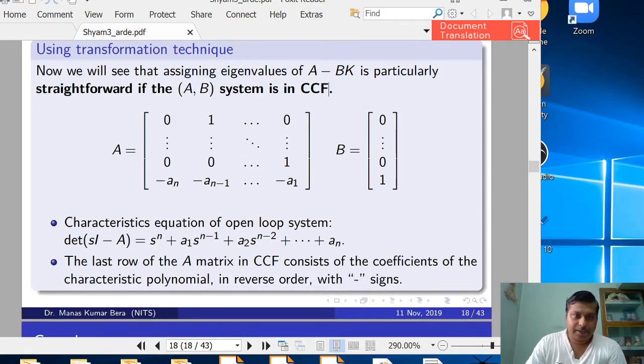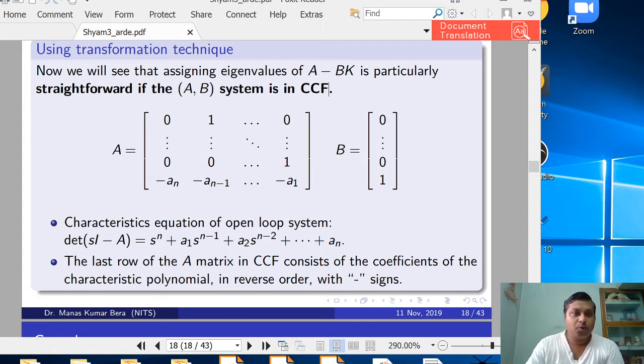Once the A matrix is given to us, we can directly calculate the characteristic equation. You see, the characteristic equation is s to the power n plus a1 s to the power n minus 1, a2 s to the power n minus 2, plus ... an.